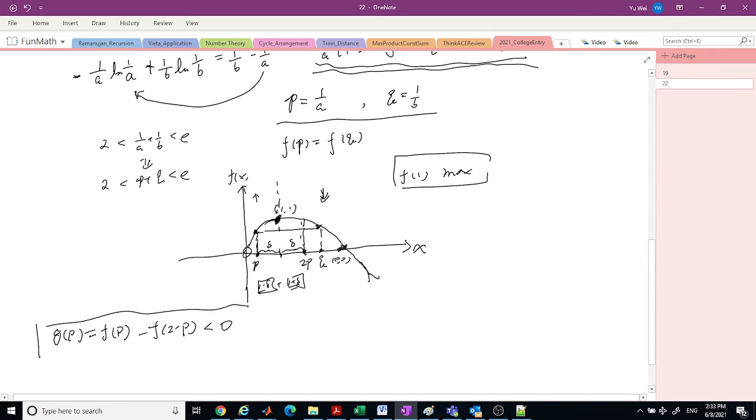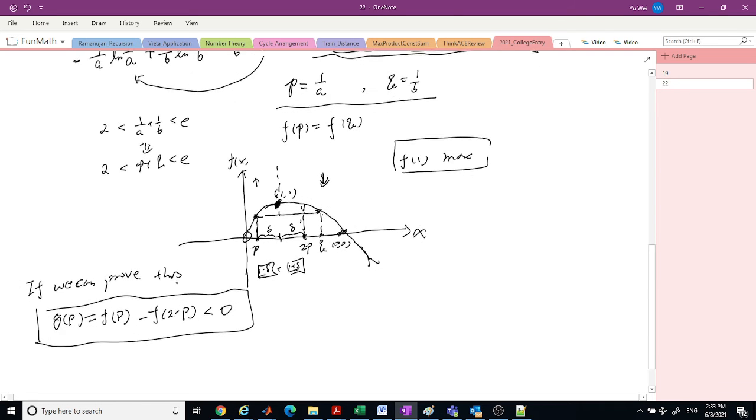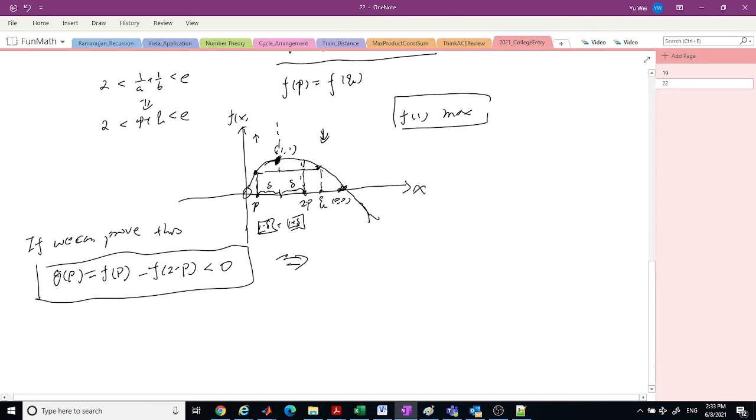If we can prove this, it is equivalent. Okay, but let's prove this.